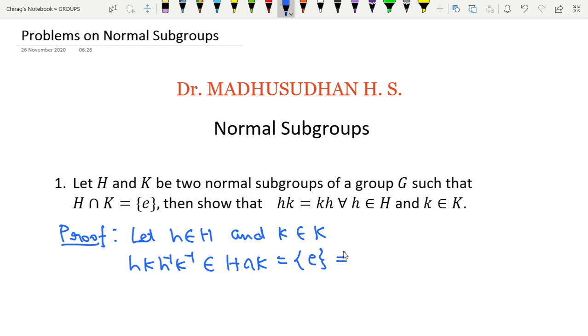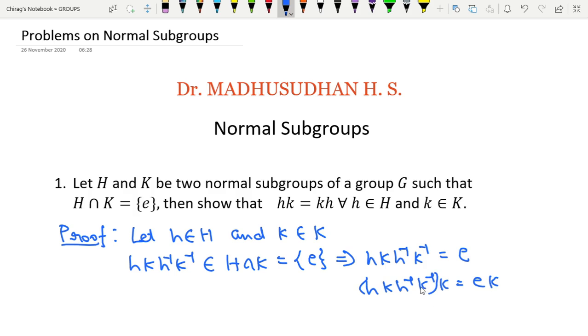Now this implies h k h inverse k inverse will be equal to e, and when we multiply both sides on the right by k, we get h k h inverse k inverse into k equal to e into k, right?